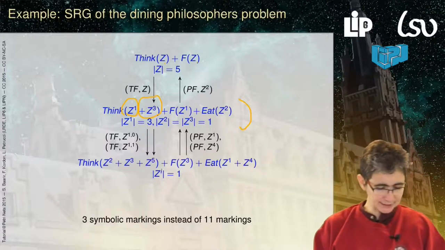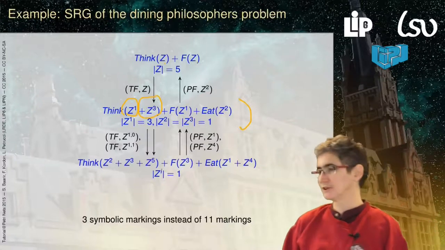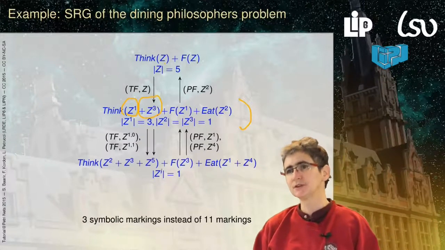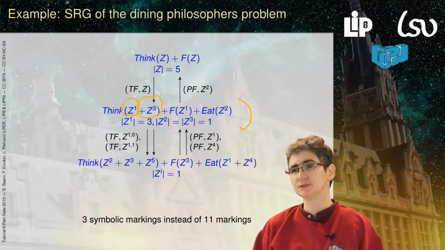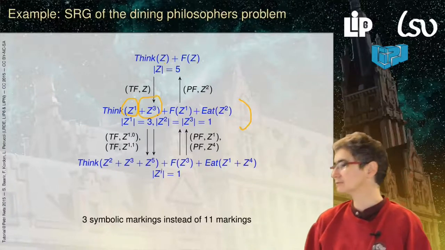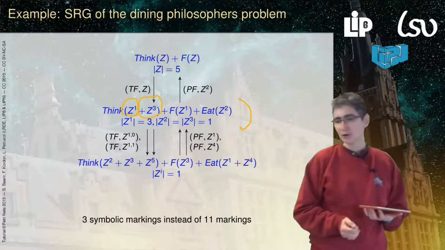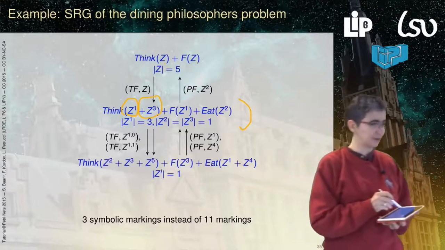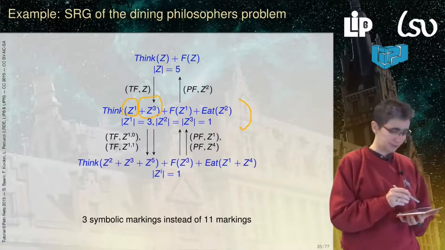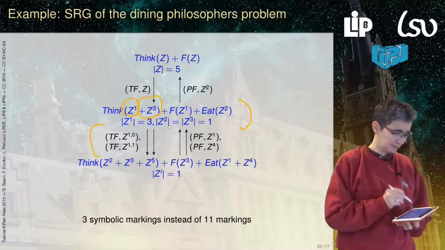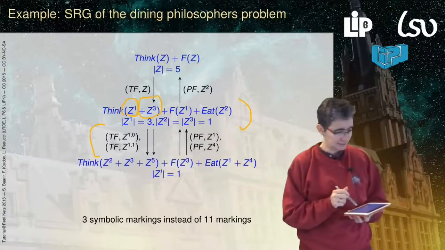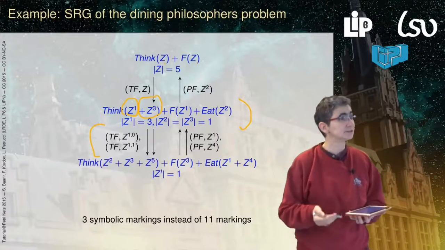And then from this marking, what you can do is put back the forks, and you go back to the previous initial marking you had, or you can have the two firings that we have detailed for the firing rules that are represented here and that arrive in a similar marking.